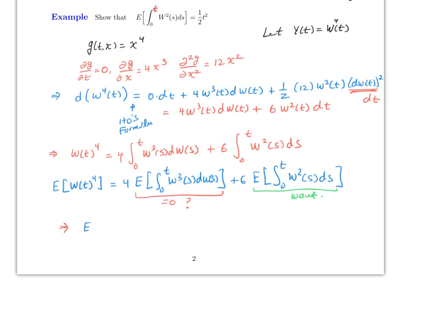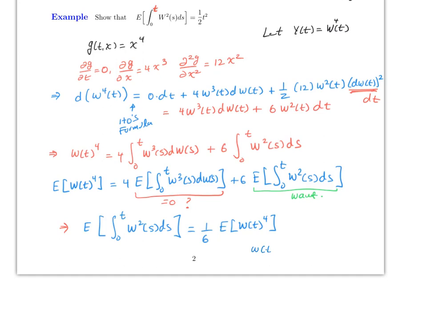the expected value of the integral from 0 to t of w squared s ds, which is what you want, is going to be equal to 1/6 times the expected value of w to the 4th power, which technically is the 4th moment of wt.